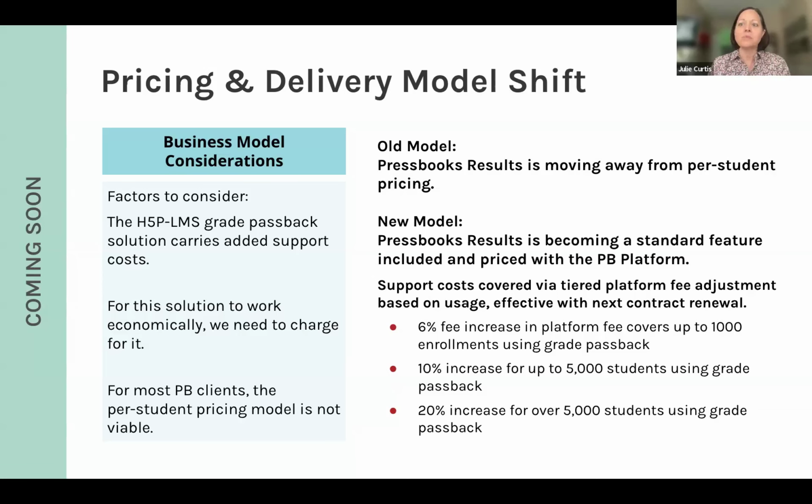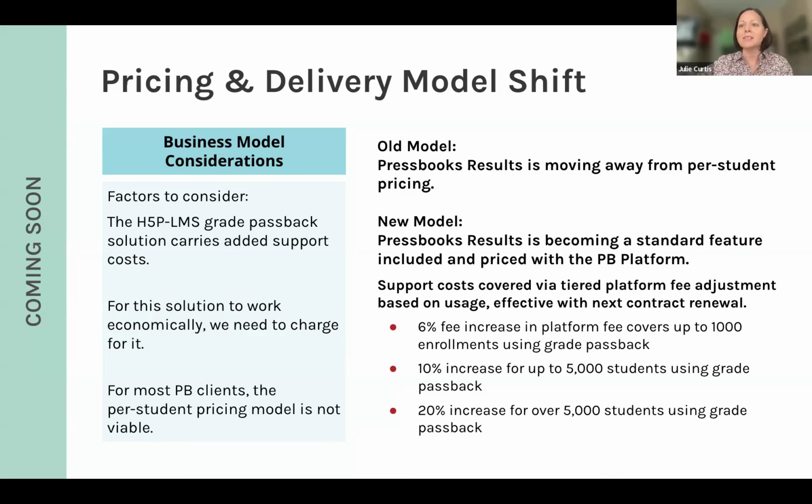with this. To make it affordable for everyone, we are doing a 6% increase in our platform fees that applies across the board. That will be effective with the next contract renewal, though. So there is time and opportunity to adjust, and anybody that's already locked into a certain contract level, like for a 2-year period, for example, we're not coming to get an interim adjustment.